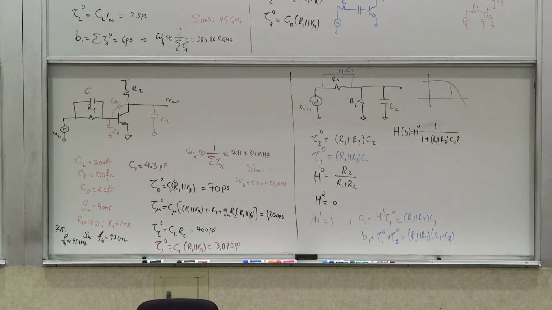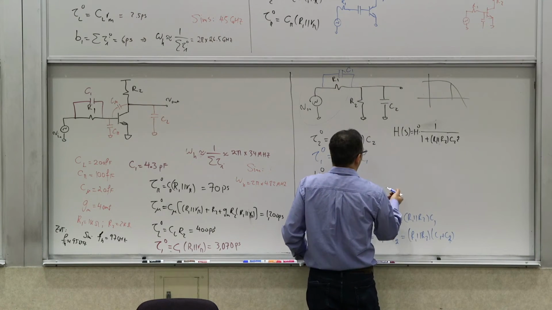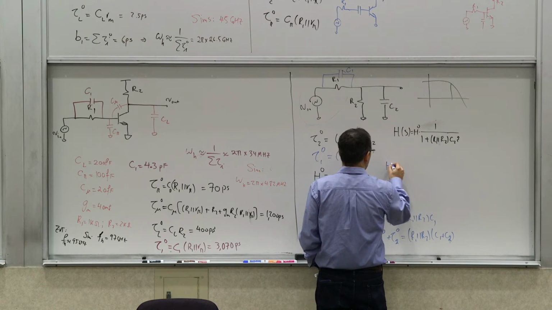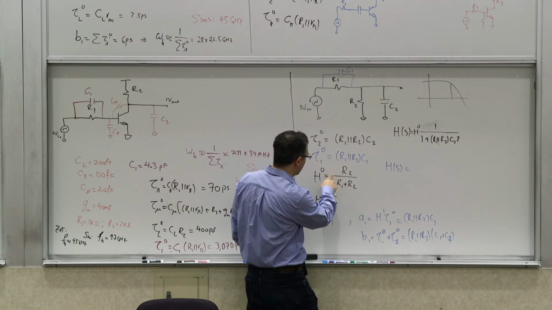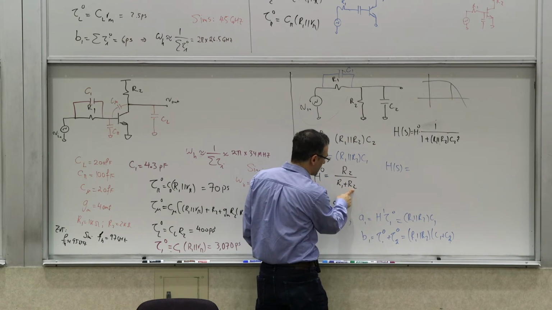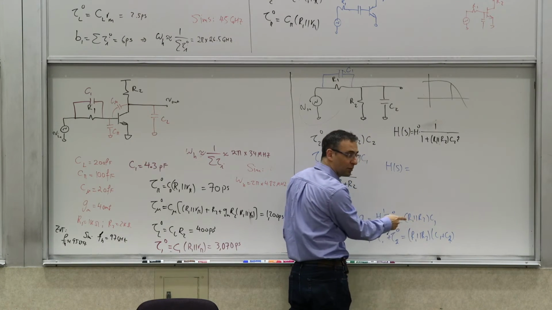So we know our transfer function, because it has one pole and one zero. If I ask you what's the transfer function, you can write it. When we write that transfer function and factor H0, you will see that H0 has an R2 over R1 plus R2, and A1 has an R1 R2 over R1 plus R2.